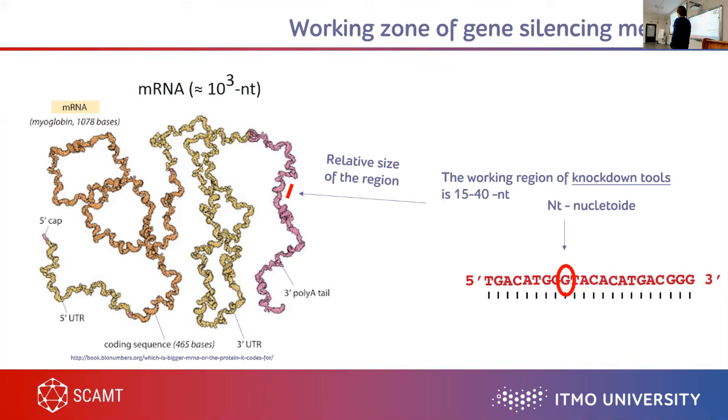You mean region B here, is it on the body, or is it different to be in the coding sequence? Yes, you're right. It's better to mark this region on the coding sequence, but I marked it here just to illustrate the significant difference between the size of the mRNA and the size of the region where knockout tools are working.